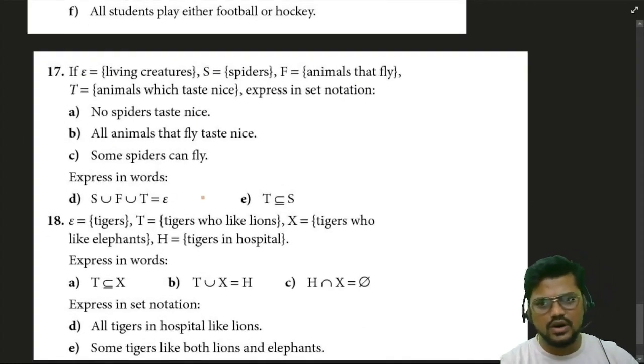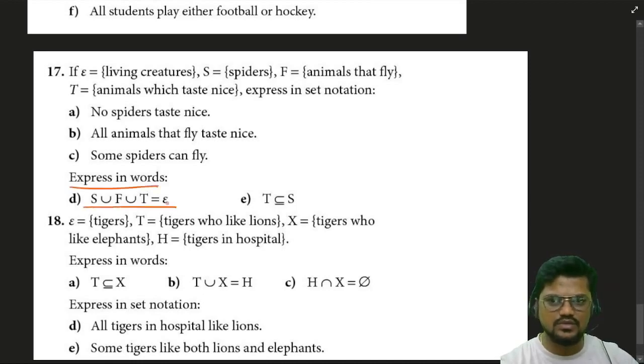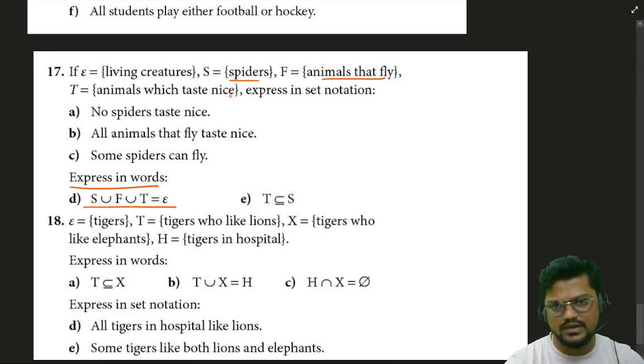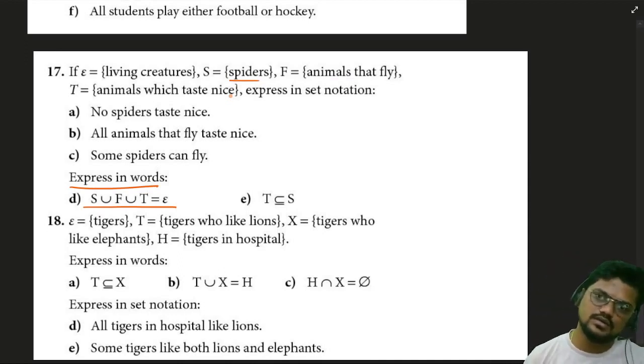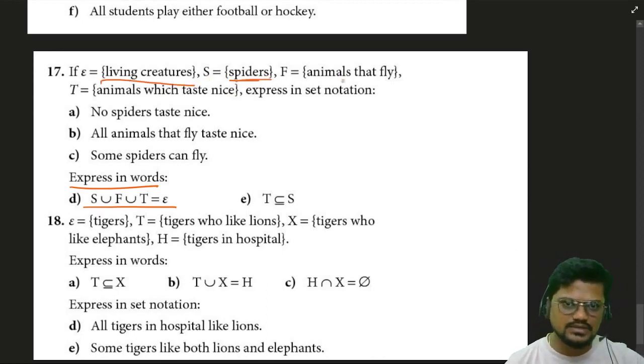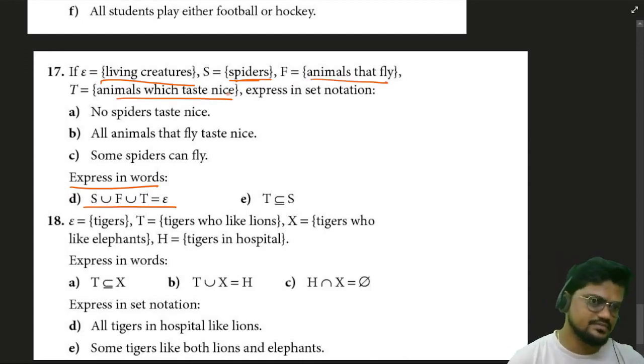Now again, these are almost the same. Express in words S union F union T. What is S? Spider, animal that fly, animal which taste nice. The universal set means all living creatures. So all living creatures are spiders or animals that fly or animals which taste nice.